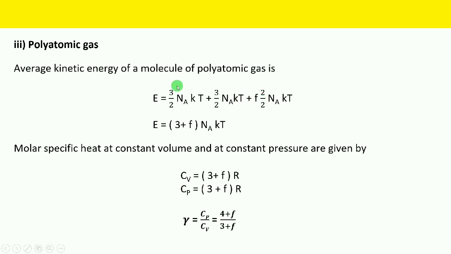So the total here, this 3 by 2 you can consider as, because you will take these values as constant. 3 by 2 and 3 by 2 you will add, you will get 3. So 3 plus F you will take common. N_A kT you can write N_A into k as capital R. So this is (3 plus F) RT.